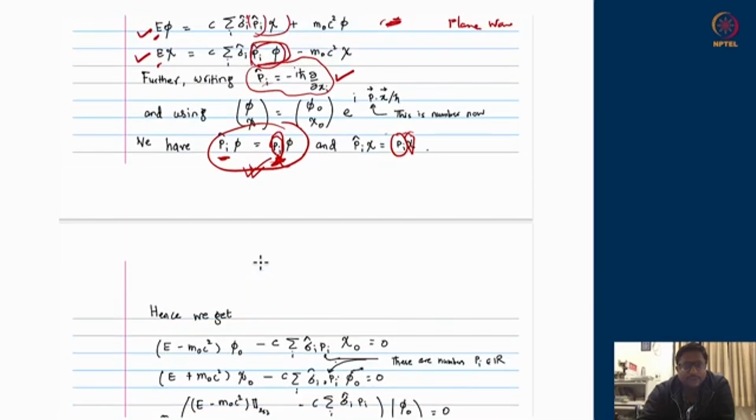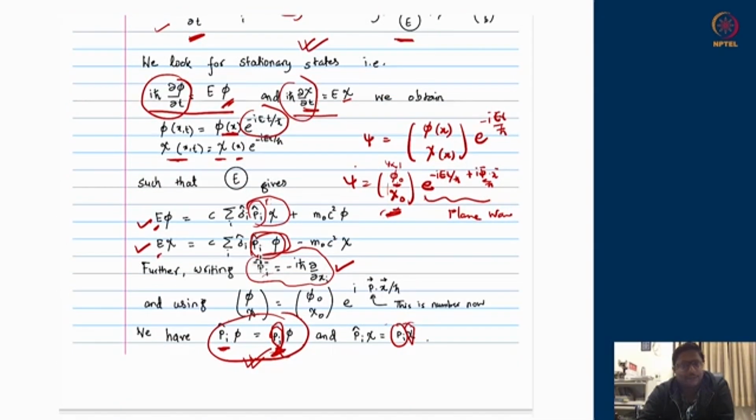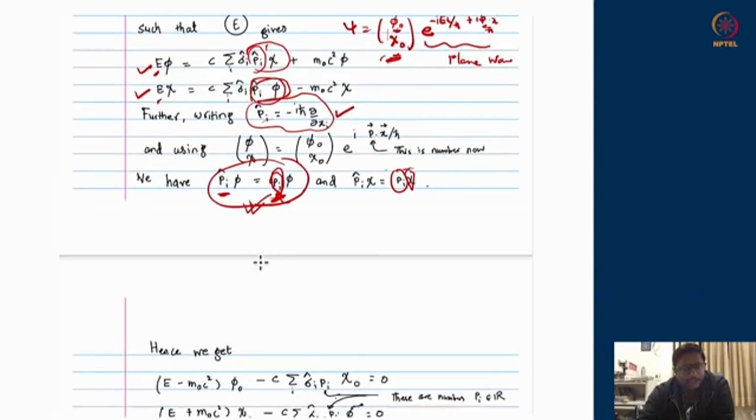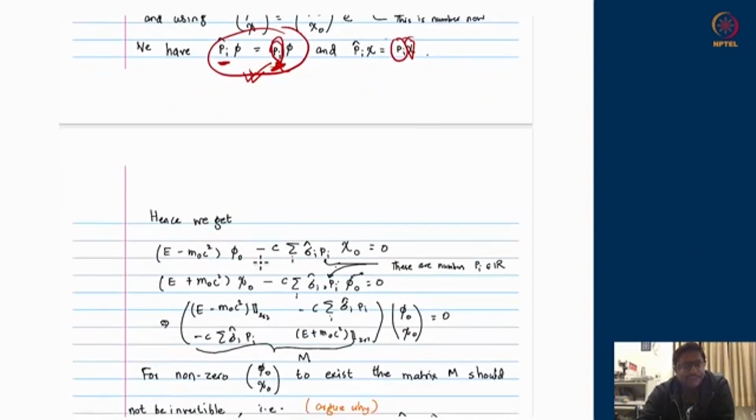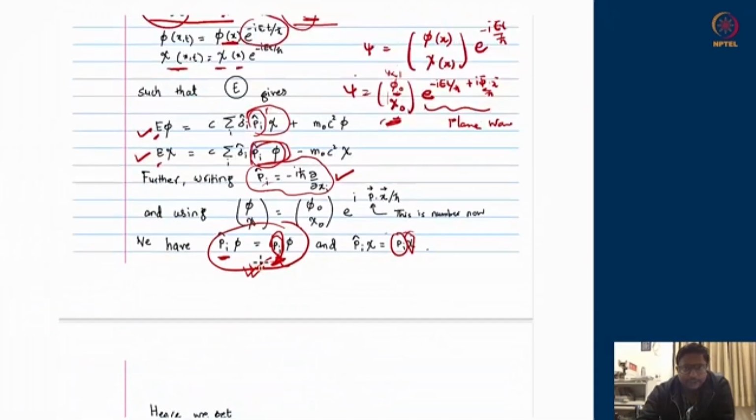So therefore, the equation will get converted into real numbers times phi and chi. All the operators have acted, and we have real numbers E, p i's, and so on. So the equation which we got, remember, there was m naught c squared appearing on both sides. m naught c squared with phi was here, and m naught c squared with chi was here. So what we can do is take the m naught c squared from here and m naught c squared from here to the left hand side.